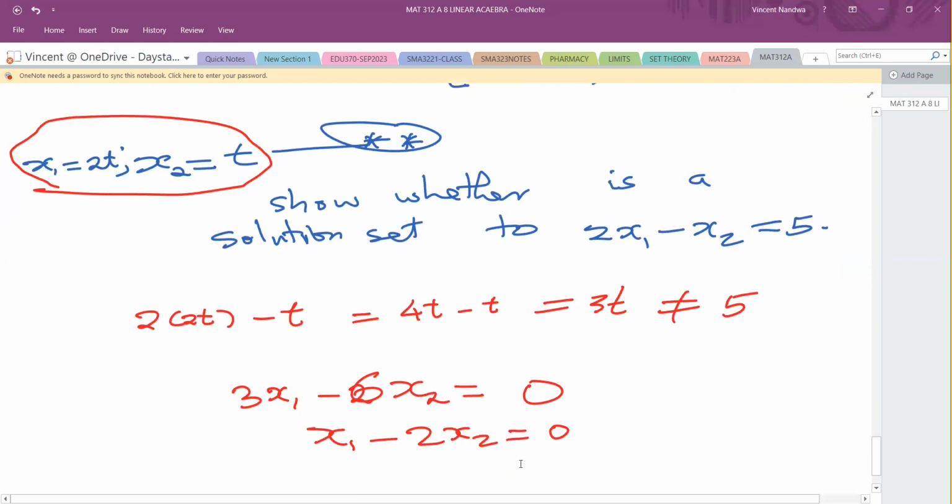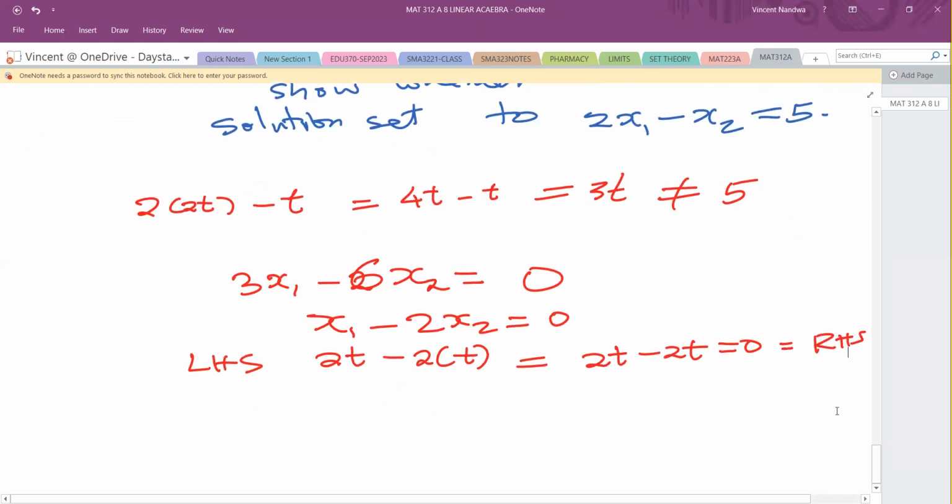You should confirm that that is a solution by substituting directly. We'll have 2t minus 2 into t, and this will give us 2t minus 2t, which is 0. So this is the left-hand side, and this is the same as what you have in the right-hand side. So that would be the solution.